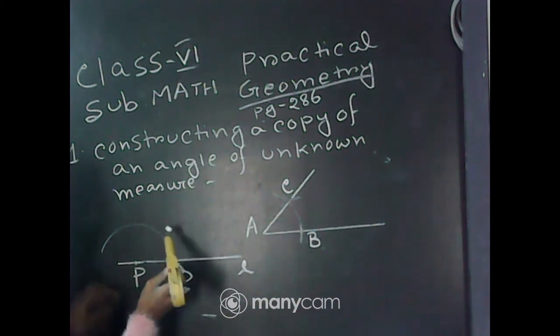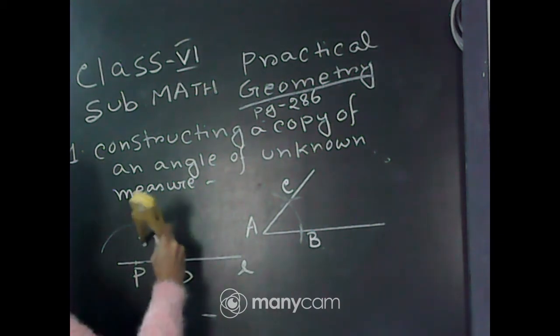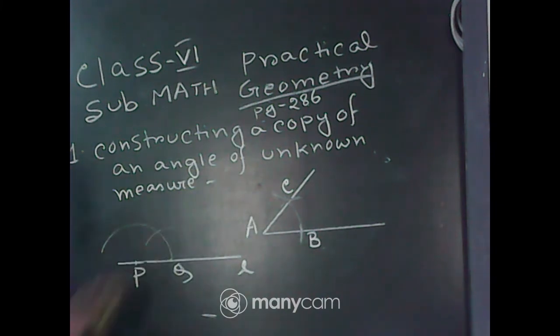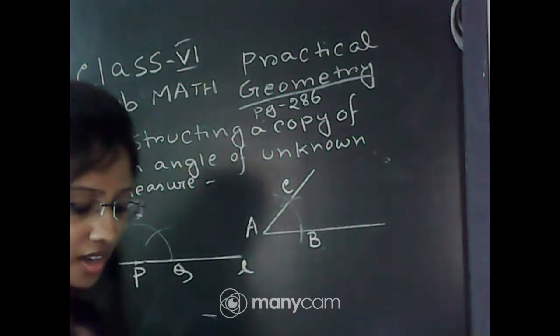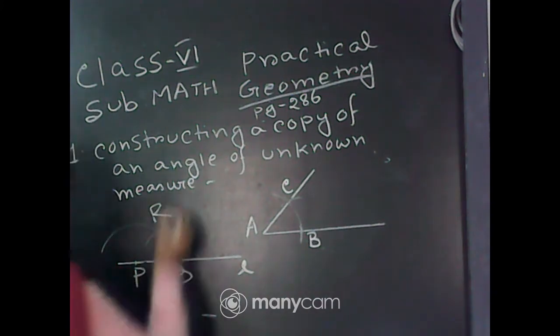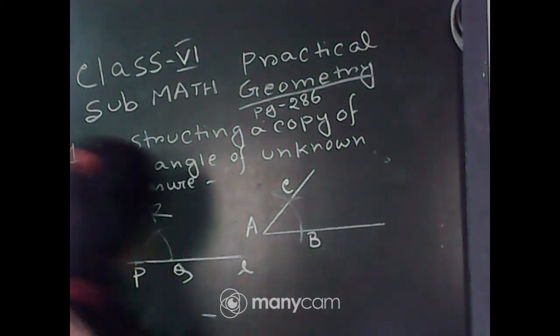Now place the pointer of compasses at Q and draw an arc. This arc cuts the earlier arc in R. Now join PR.